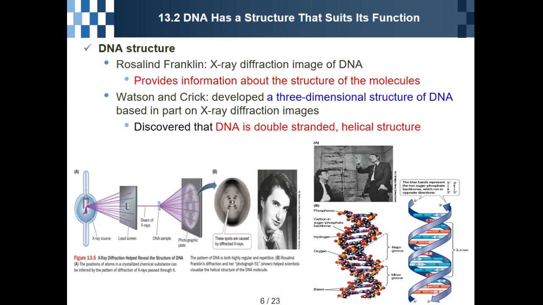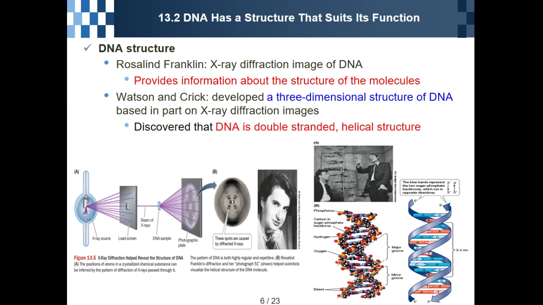Rosalind Franklin provided information about the molecule, but she didn't know that DNA is a double helix. But Watson and Crick discovered DNA is double-stranded and the helical structure is like this. Also, Rosalind Franklin did a lot of X-ray experiments.